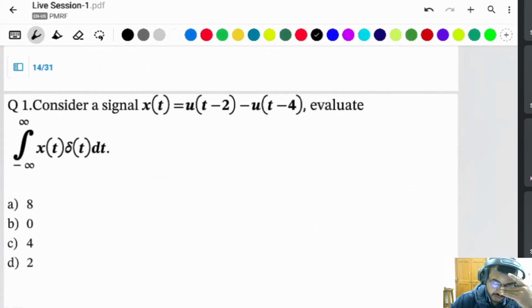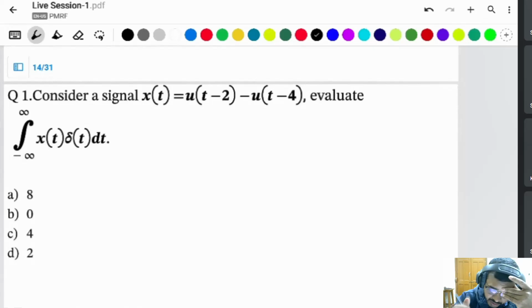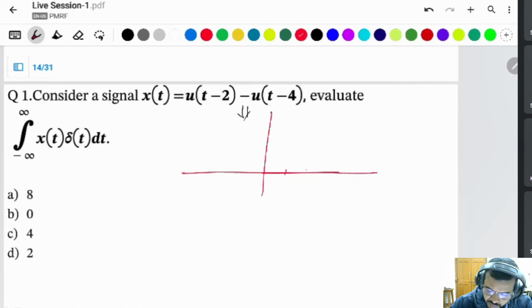Some question taken. This one. Consider a signal x(t) equal to u(t-2) minus u(t-4). Make the signal from this equation. What is this one? First one is u(t-2). 1, 2, 3, 4.